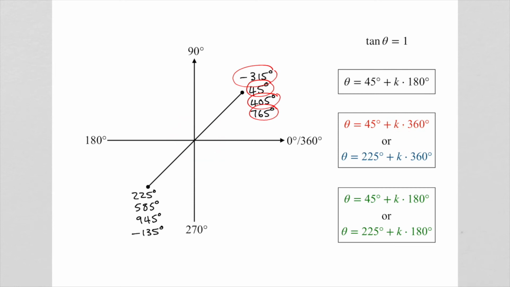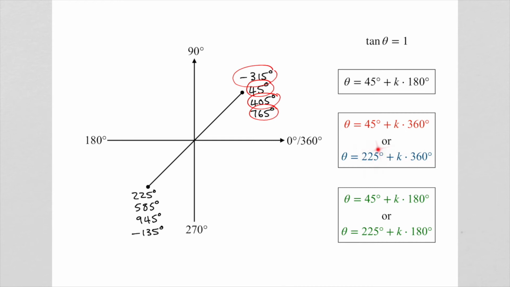So you can see that the 45 plus K360 here gives us exactly the same solutions in the first quadrant as the ones we got from 45 plus K180, but it doesn't give us any of the solutions in the third quadrant.